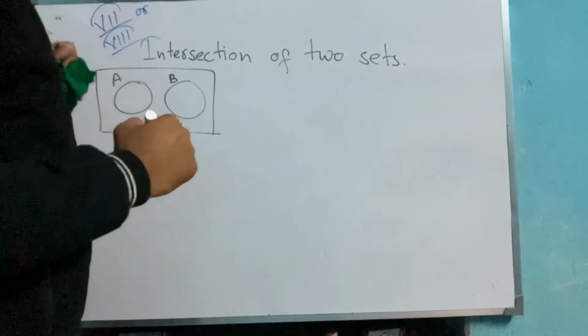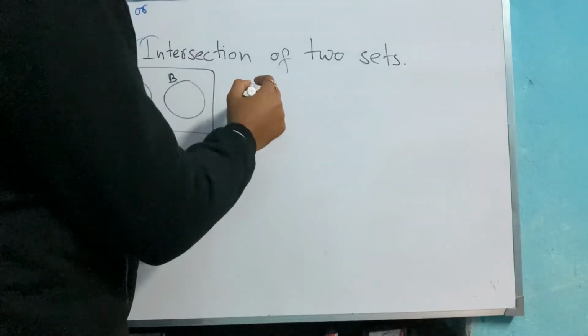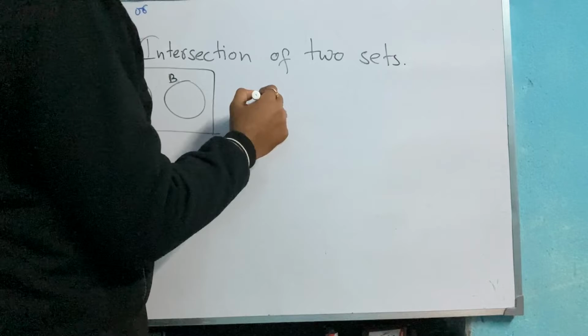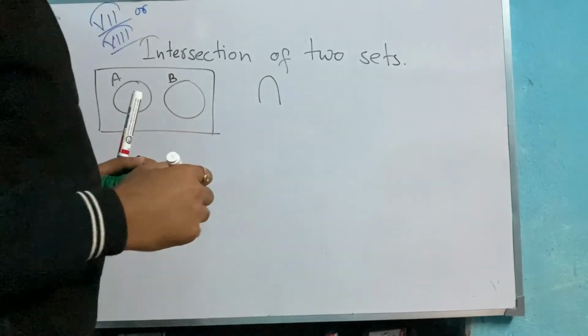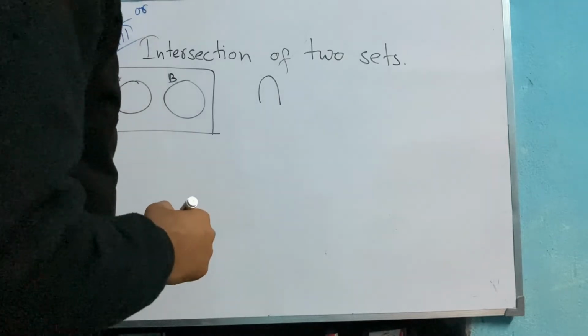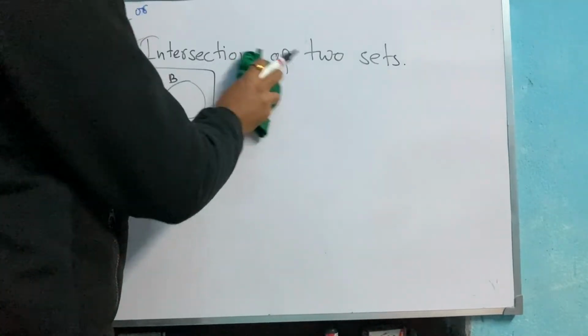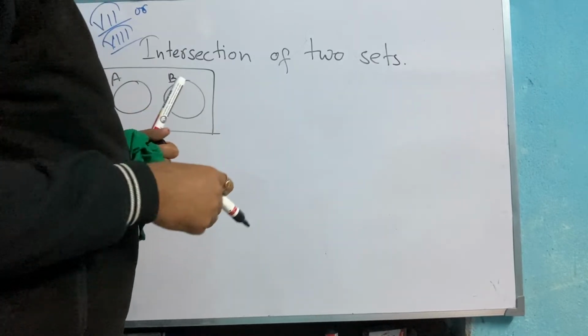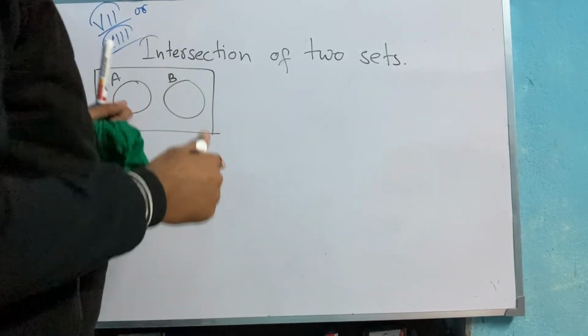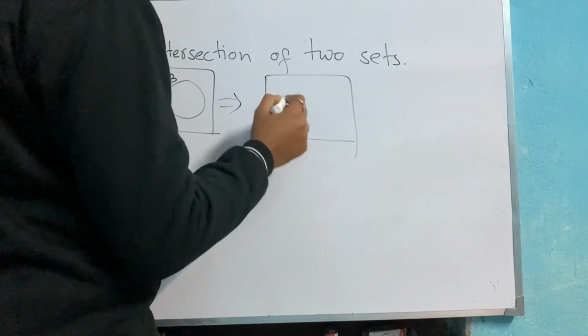So, what will be the intersection of these sets? The symbol of intersection is this, the mirror of U. Now, what will be the Venn diagram of the intersection of these two sets? These two sets will be drawn like this.